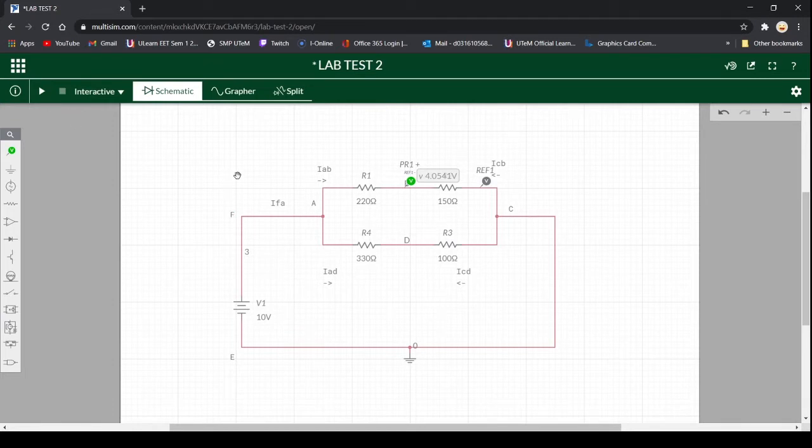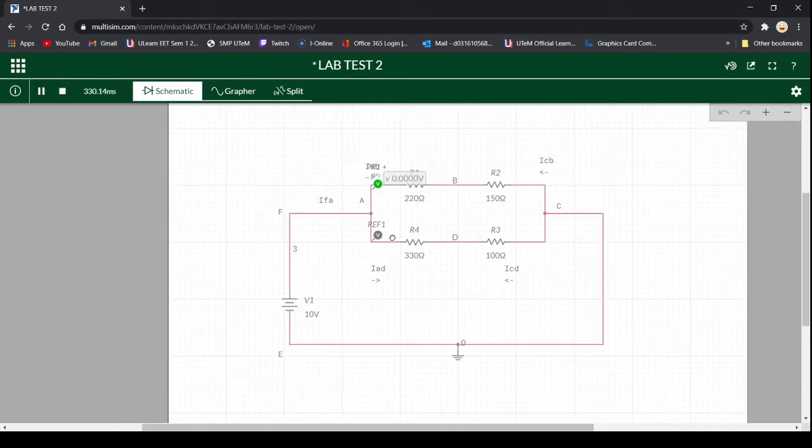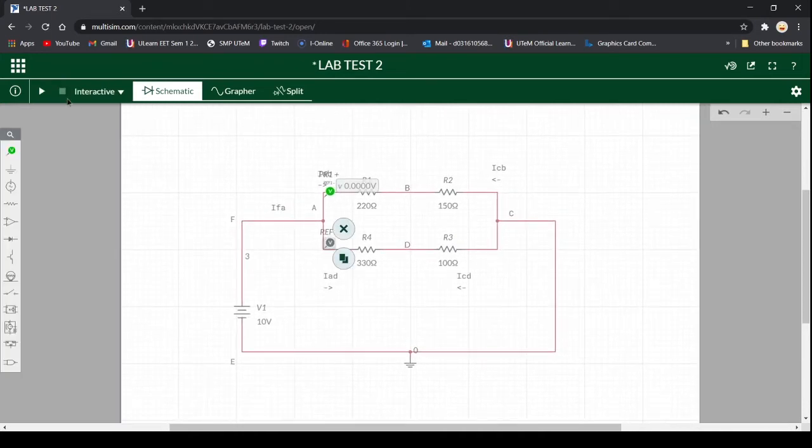And then for VAD, so for VAD we get 7.67.